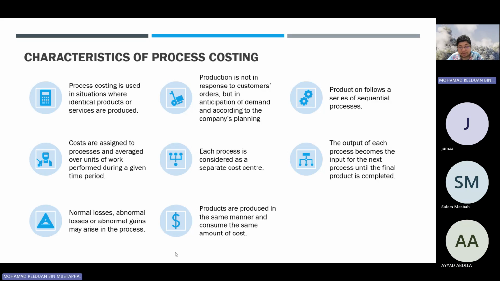You produce vast quantities of homogeneous products, like naphtha, polyethylene, or sulfur, maybe liters of a specific grade of fuel from the distillation unit that is identical to the next. So the inherent standardization is the primary driver for using process costing.